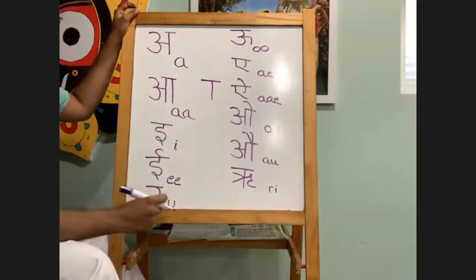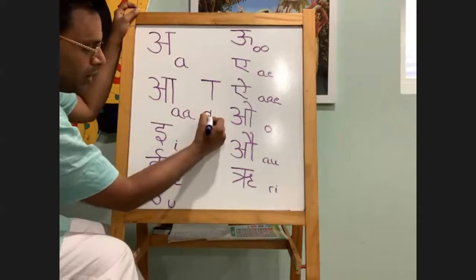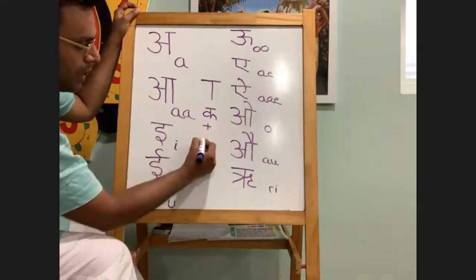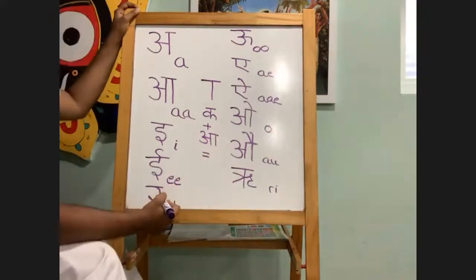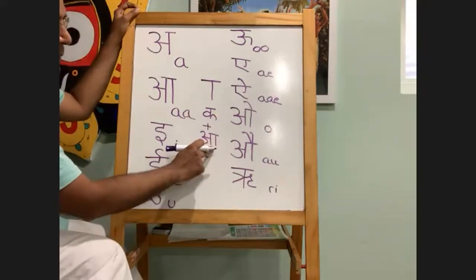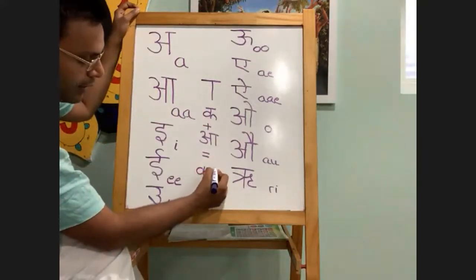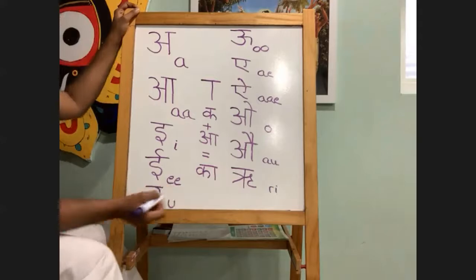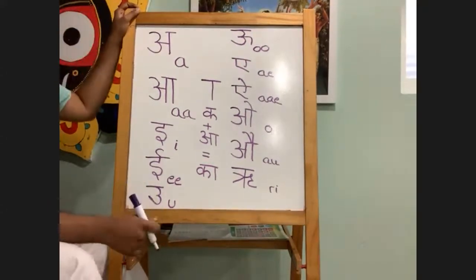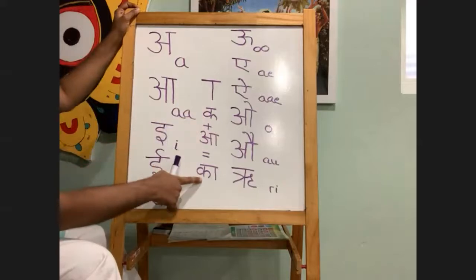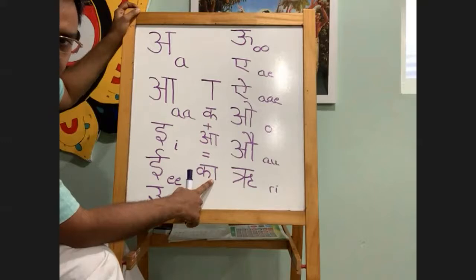Let's say Ka plus A, that will be Ka. So Ka plus A is equal to Ka. A is represented by its matra, which is a straight line.